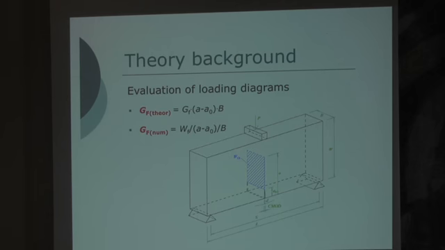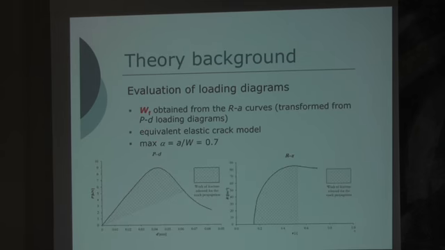The second one was the numerical fracture energy, and it consists of the work of fracture obtained from the loading diagrams of all variants of test specimens with various initial crack lengths.